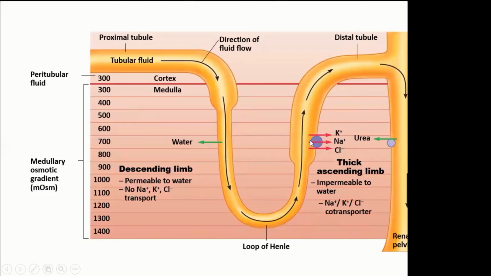Instead, we're again going to have the transport of solutes, specifically sodium, but also potassium and chloride ions, in the ascending limb. And when we start to talk about the collecting duct, we're also going to factor in urea. Urea is also going to have an influence on this osmotic gradient.